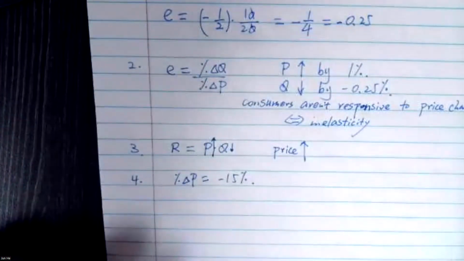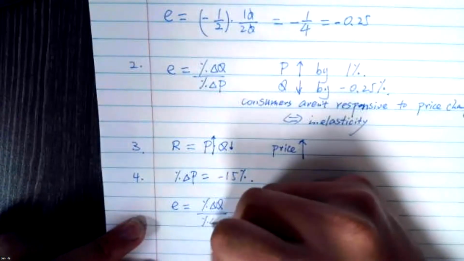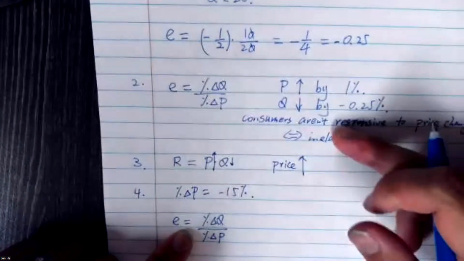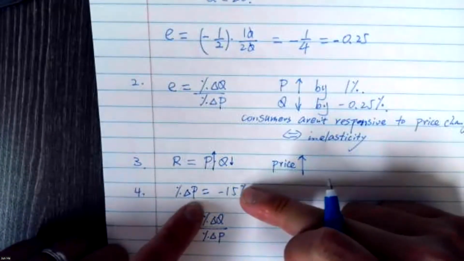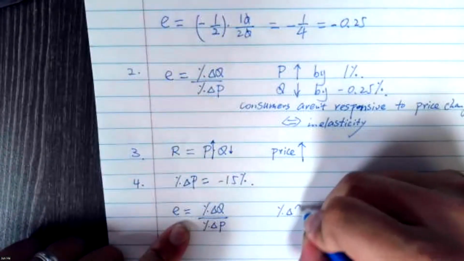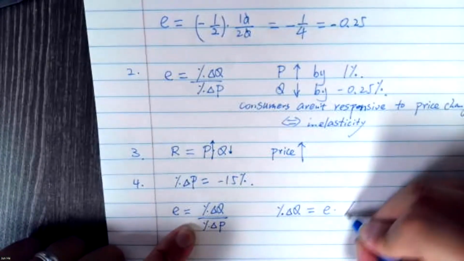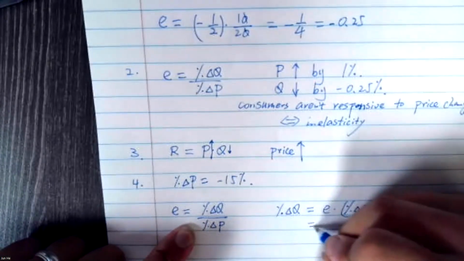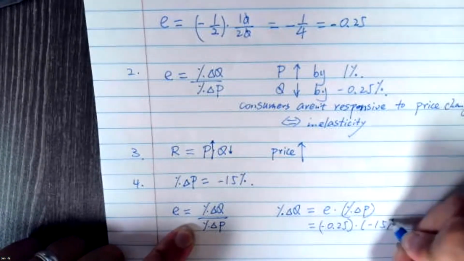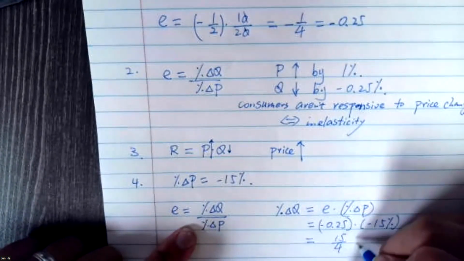And you already know E equals percentage change in Q over percentage change in P. Here we've figured out E, and we were told the percentage change in P, so the last thing we didn't know is the percentage change in Q, which is E times the percentage change in P. That is -0.25 multiplied by -15%, which is 15/4%.